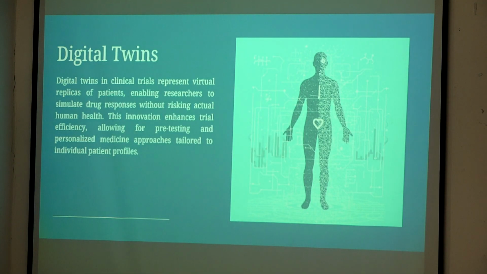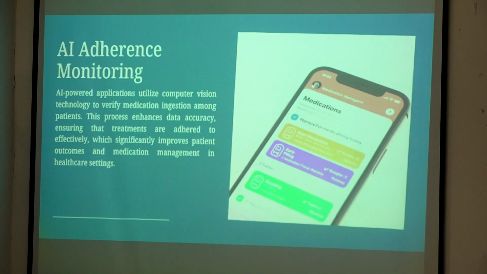This innovation enhances trial efficiency, and this is called digital twins. Mainly this deals with genes, since a particular gene will be present for that patient, so this is done using pharmacogenomics.